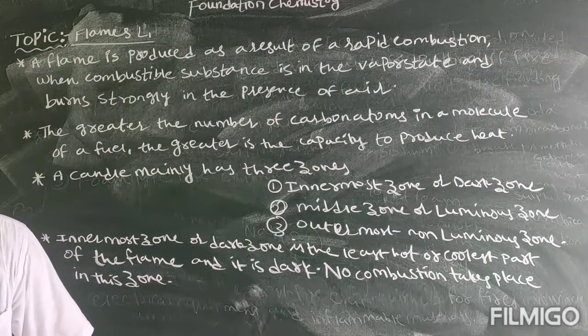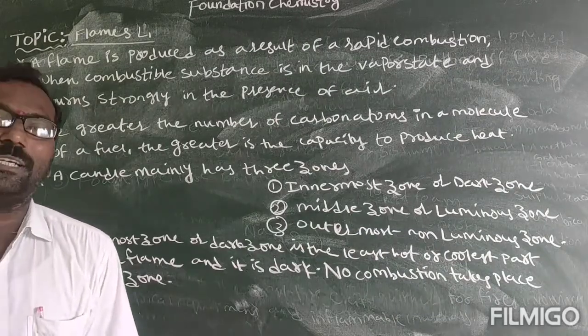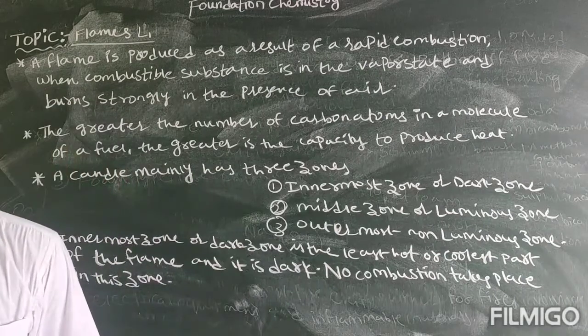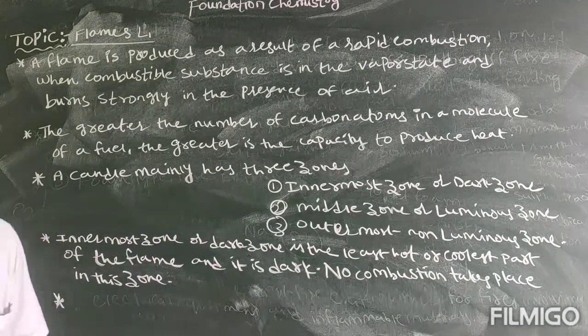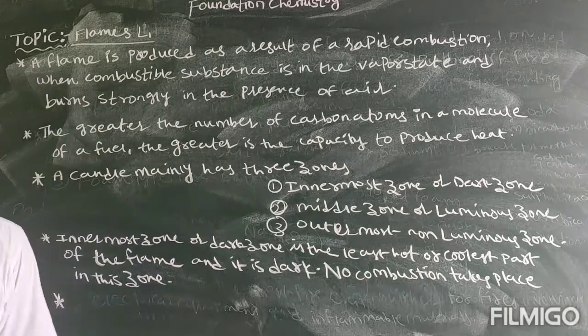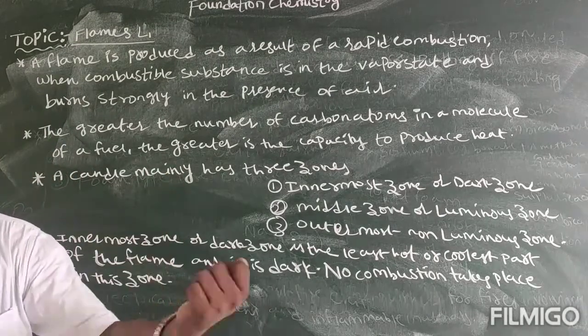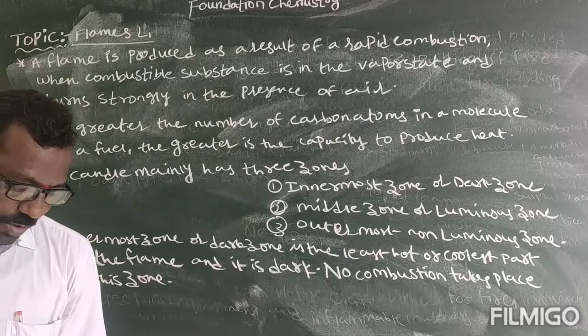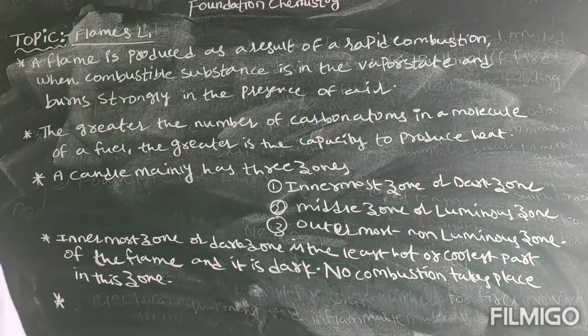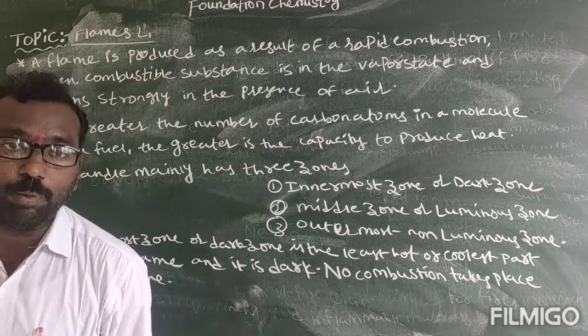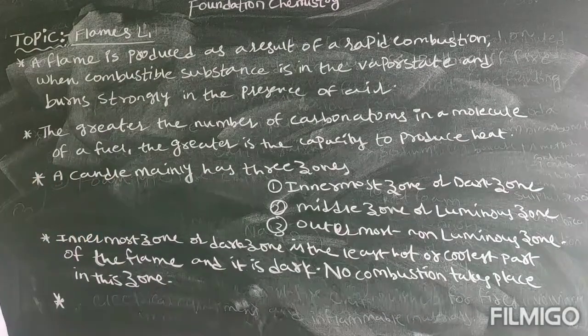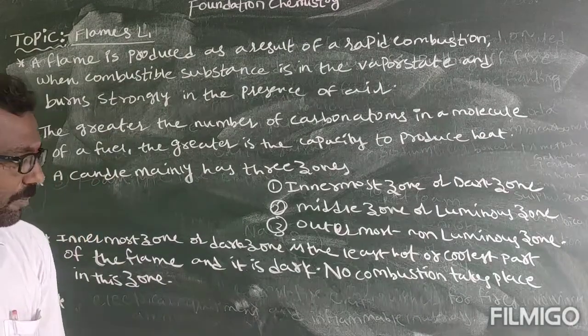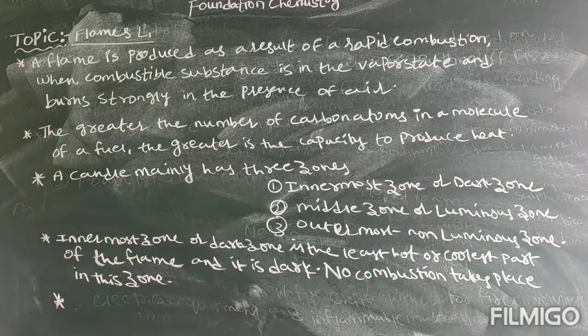In fuels like LPG and CNG, there is no soot formation also. You can't see soot when you burn LPG or CNG, and the gases burn with a blue flame. So just note down. Next we will be entering into the remaining points.